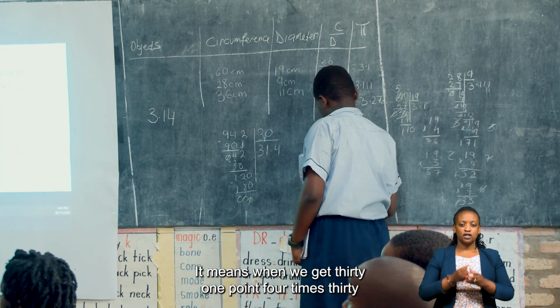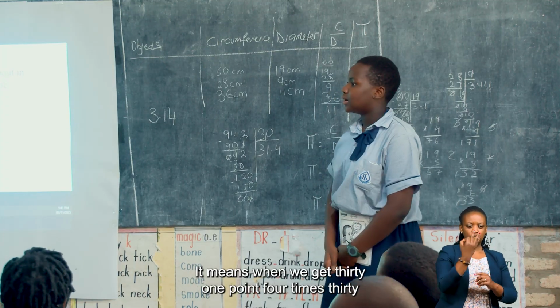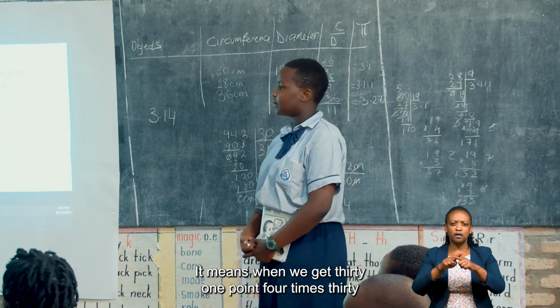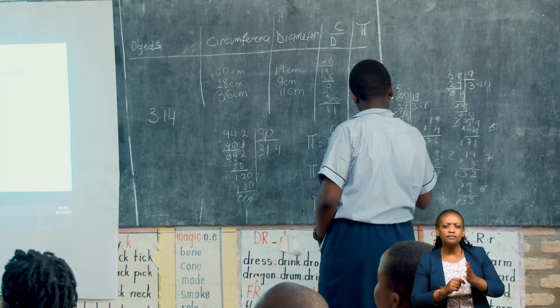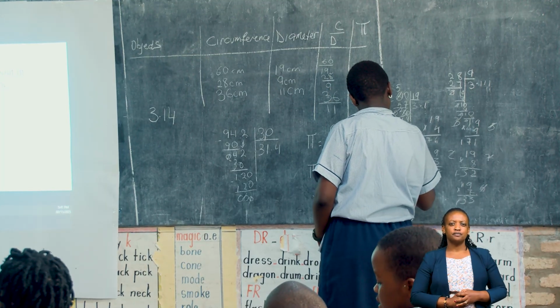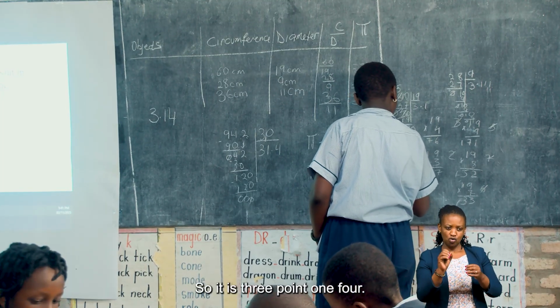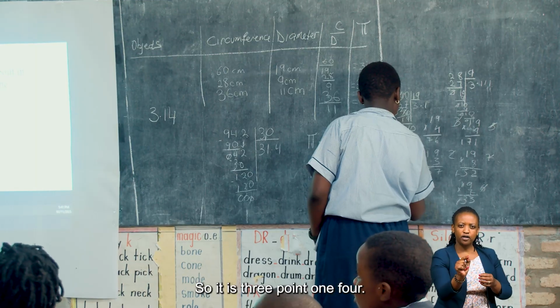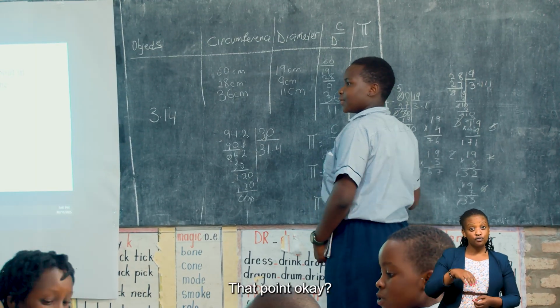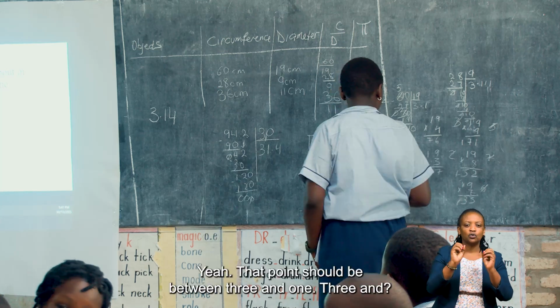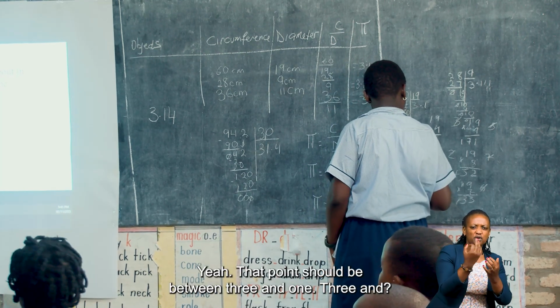It means when we get 31.4 times 30, we get 94.2. So it is 3.14. That point should be between 3 and 1.